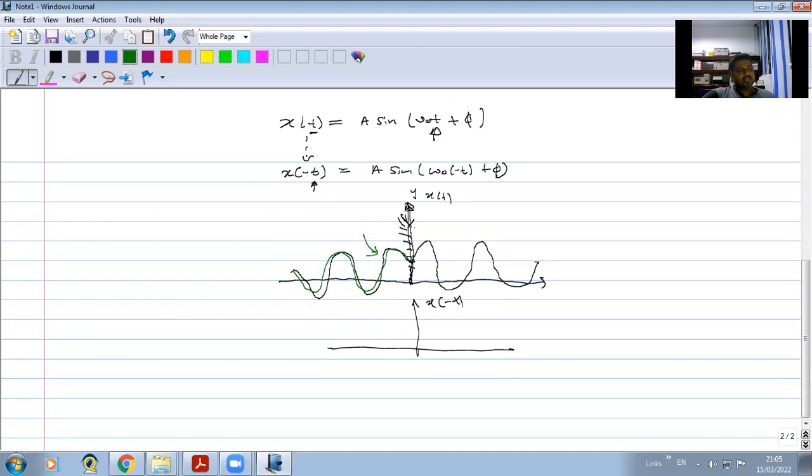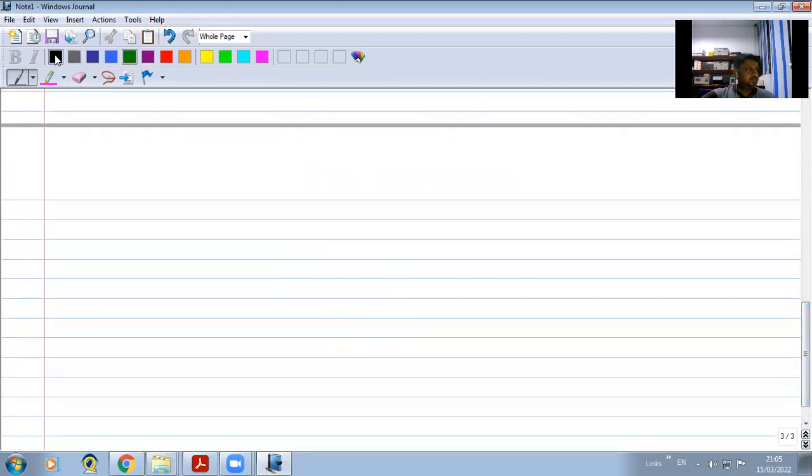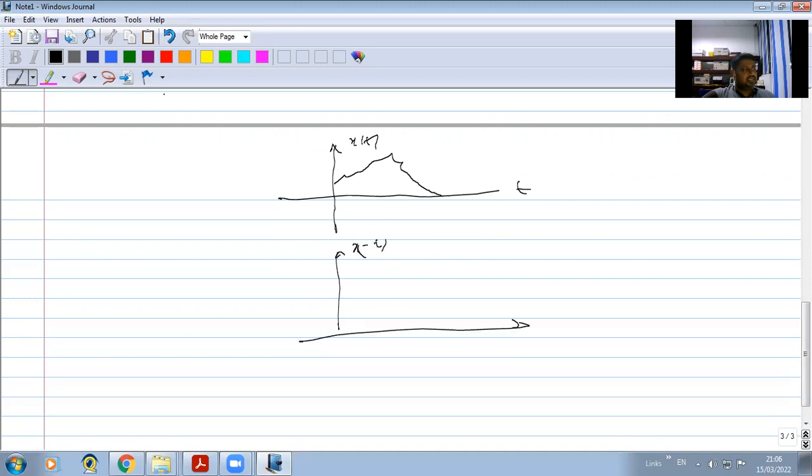Another example: let's say x(t) is like this. This is the signal, x(t). If you draw x(-t), it will be the exact image through this line, so you will get this kind of signal.